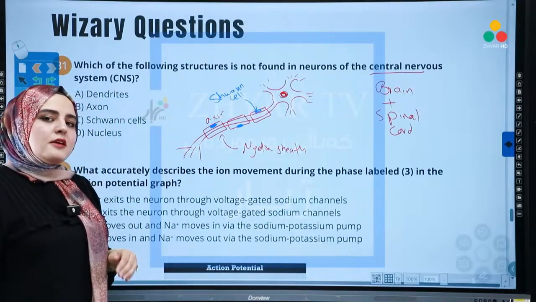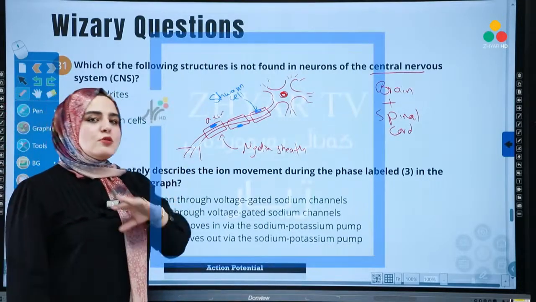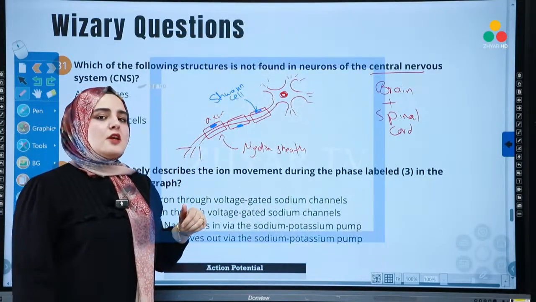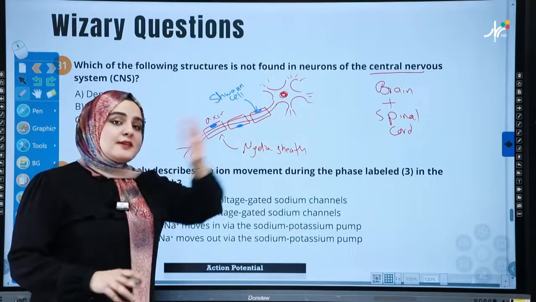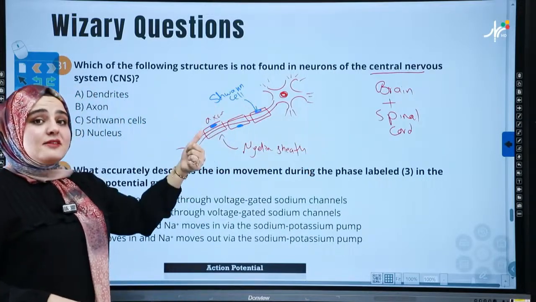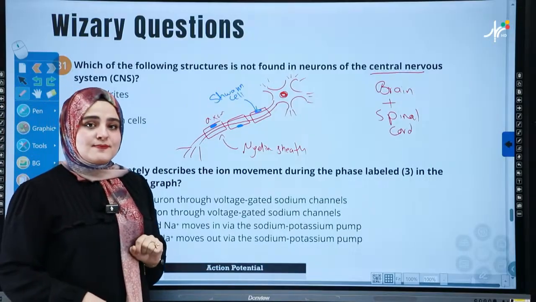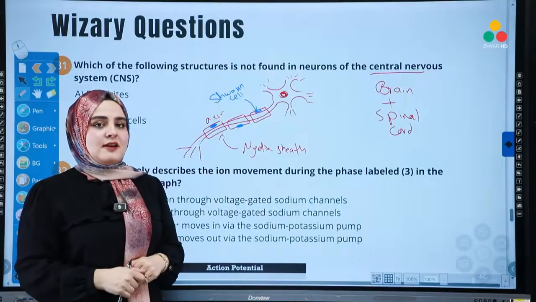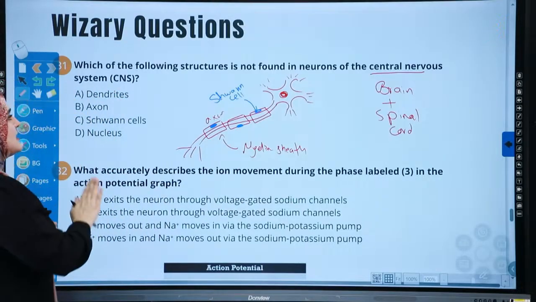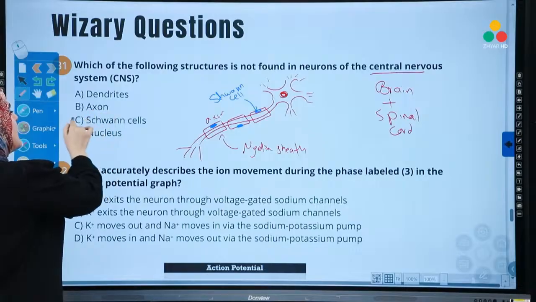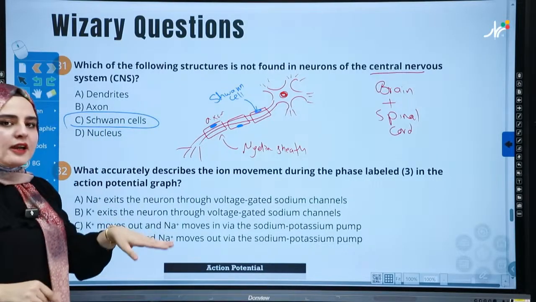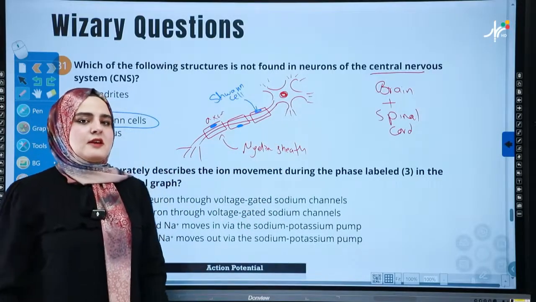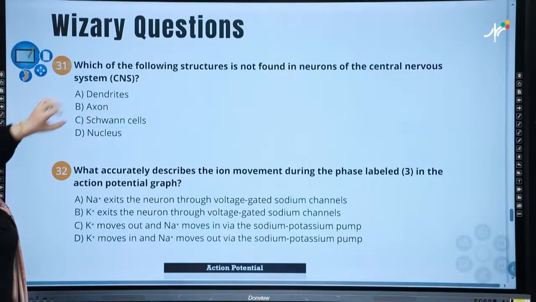But does that mean that neurons of the spinal cord and brain don't have myelin sheaths because the Schwann cell is the one creating the myelin sheath? No. Myelin sheath is present there, but it's created by other cells that are not Schwann cells. Got it? There are cells, we didn't name them, but they are the ones creating it in that area. So the only part that is not present in the CNS is actually Schwann cells. You could never find it. The only places you can find it is outside of that, in the peripheral nervous system. That's the only thing we grasp here.